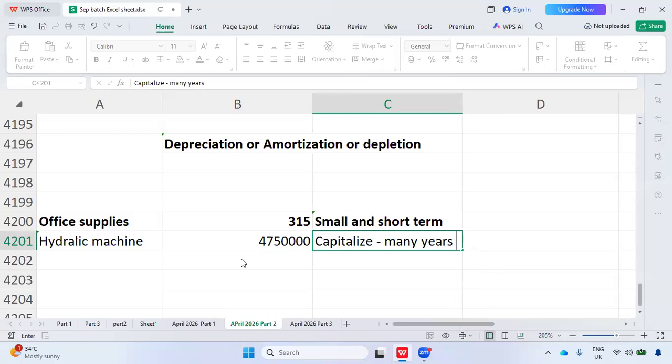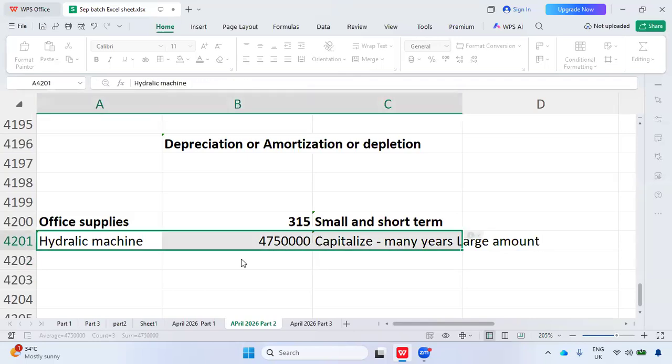If any business is purchasing machinery, they will use the machinery for many years. The life of the asset will be more than 1 year, and also this is a large amount. That's the reason we will consider it a capitalized expense, so we will claim it over the period of the asset, right?